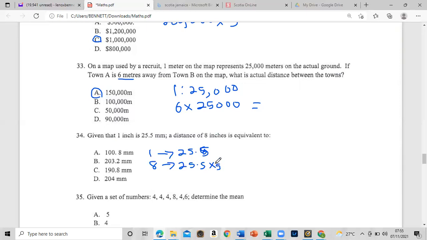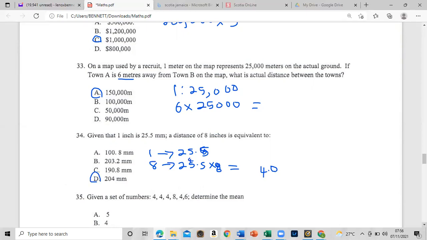Oh, 8. 8 5s are 40, so 4 there and 0. 8 5s are 40, and then 44. See the answer now, 204. And the only one that ends with 4.